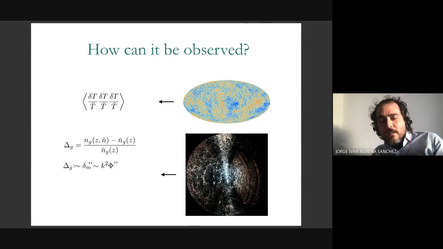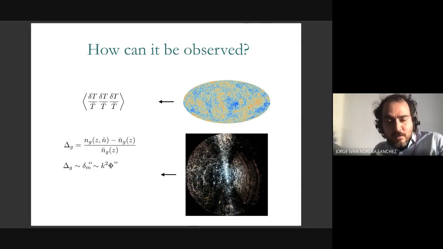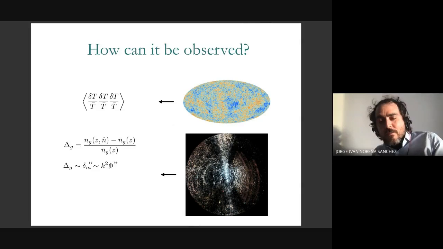So galaxies tend to form where there is more matter, and this goes like the Laplacian of the gravitational potential. So the divergence I'm talking about would show up as a correlation between the galaxy number density and a long wavelength, so zero momentum, squeeze limit, a long wavelength gravitational potential. And that's where the famous 1 over k squared comes from. If you have such a correlation, you have a 1 over k squared.